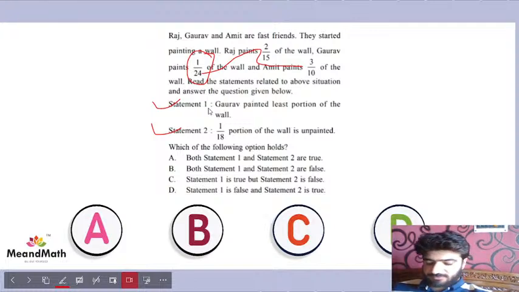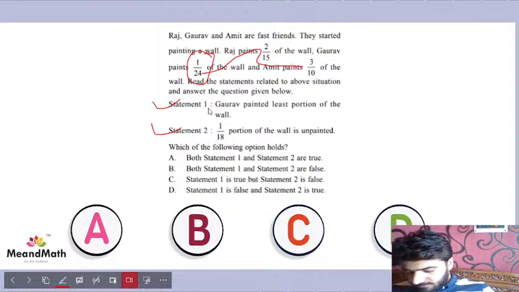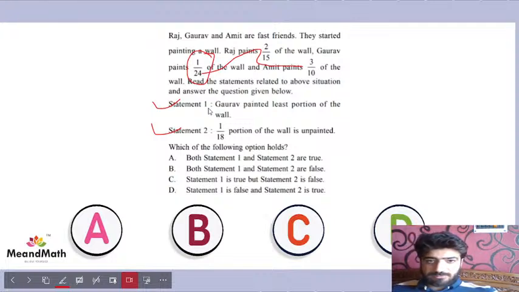Then statement 1 will be true. Okay, well done, Janesha. Yes, tell me. Is 1/24 lesser than 2/15 and 3/10?